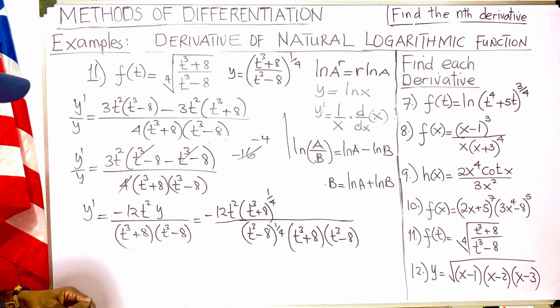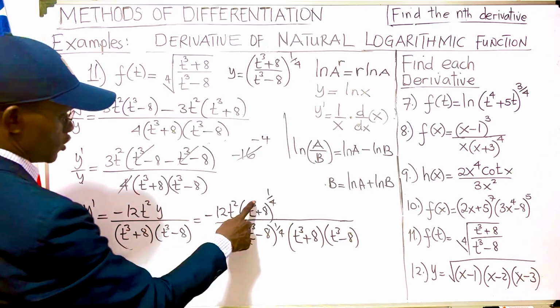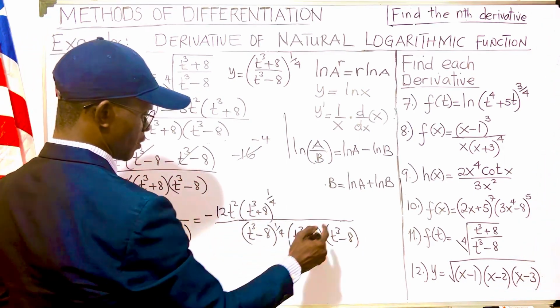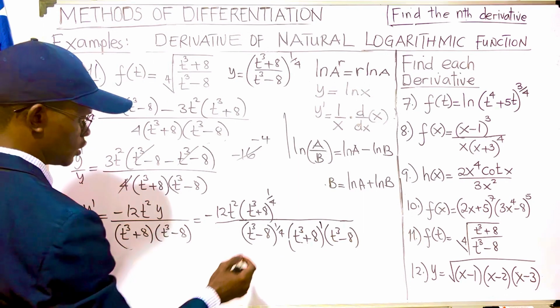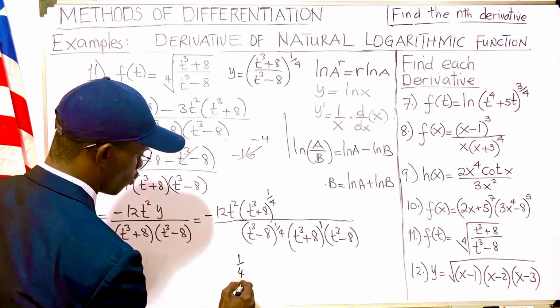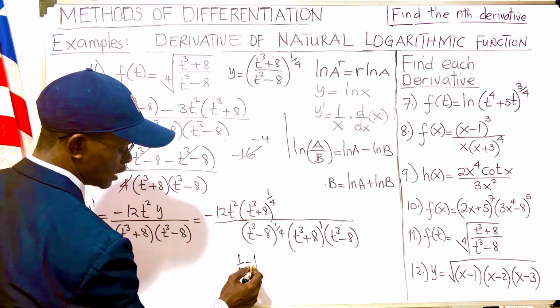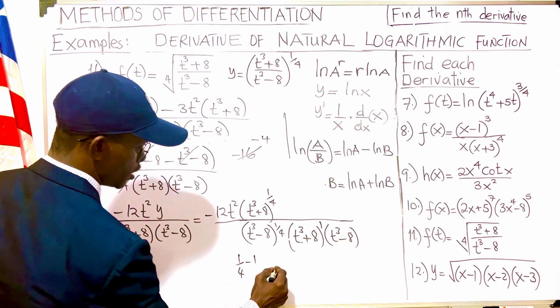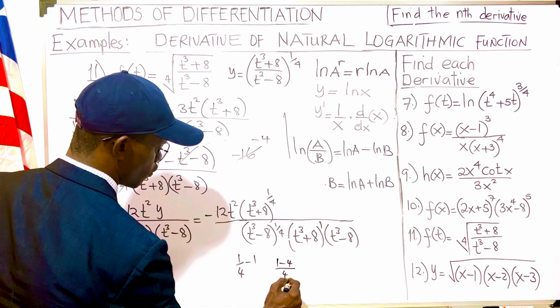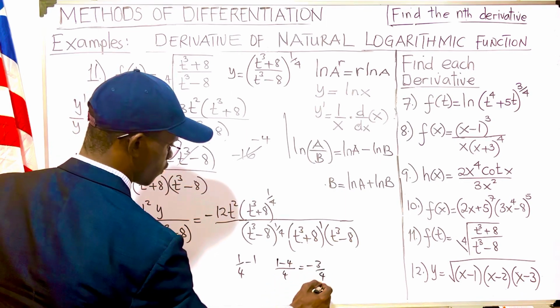So now we can simplify. t cubed plus 8, t cubed plus 8. The power is 1 and the power is 1 over 4. So it's like saying 1 over 4 minus 1. So 4 times 1 is 4, so it's 1 minus 4 over 4. So this is minus 3 over 4.